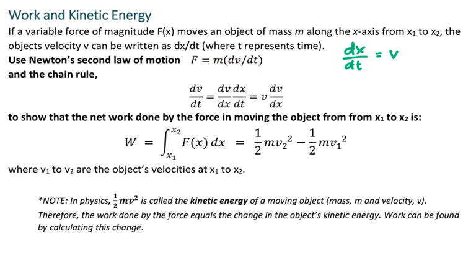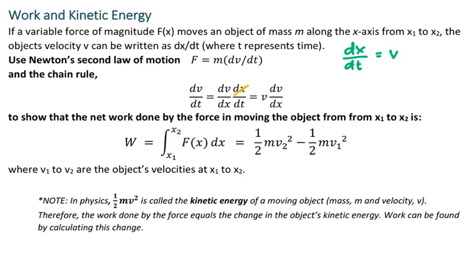If we think about breaking this up using the chain rule, the derivative of velocity with respect to time, acceleration, is equal to the derivative of velocity with respect to x, position, times the derivative of position with respect to time.